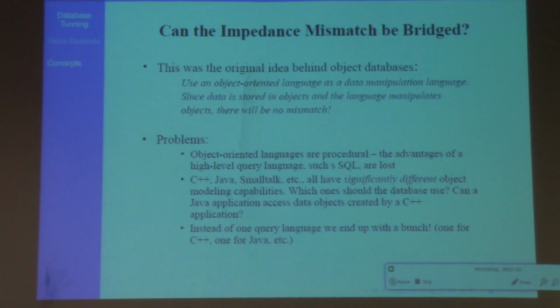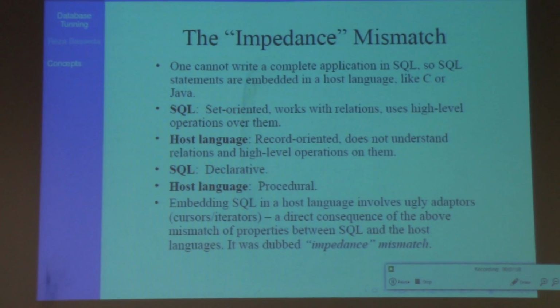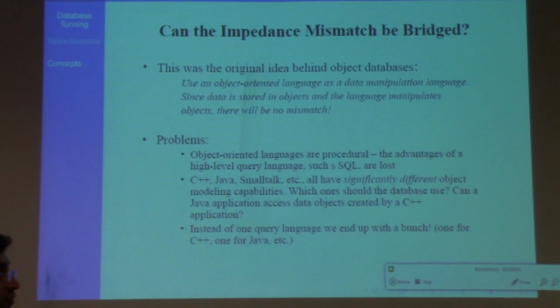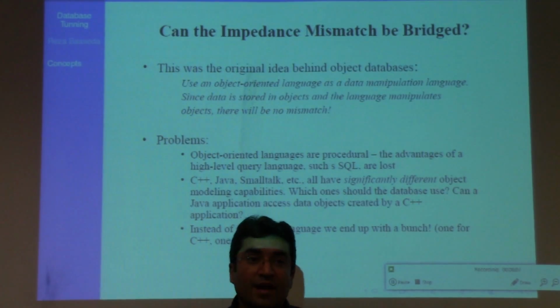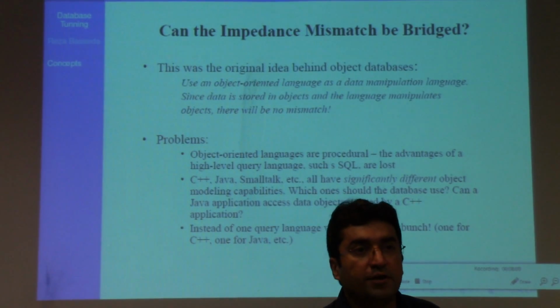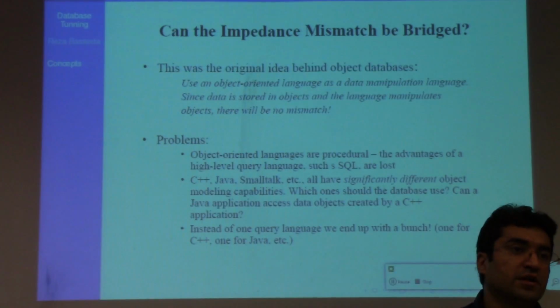Okay, so if you want to bridge the gap, what are the problems? What are the issues? Similar to what we mentioned over here, differences. Again, object-oriented languages are procedural. The main advantage of SQL was that you don't bother yourself telling the database how to retrieve the information.